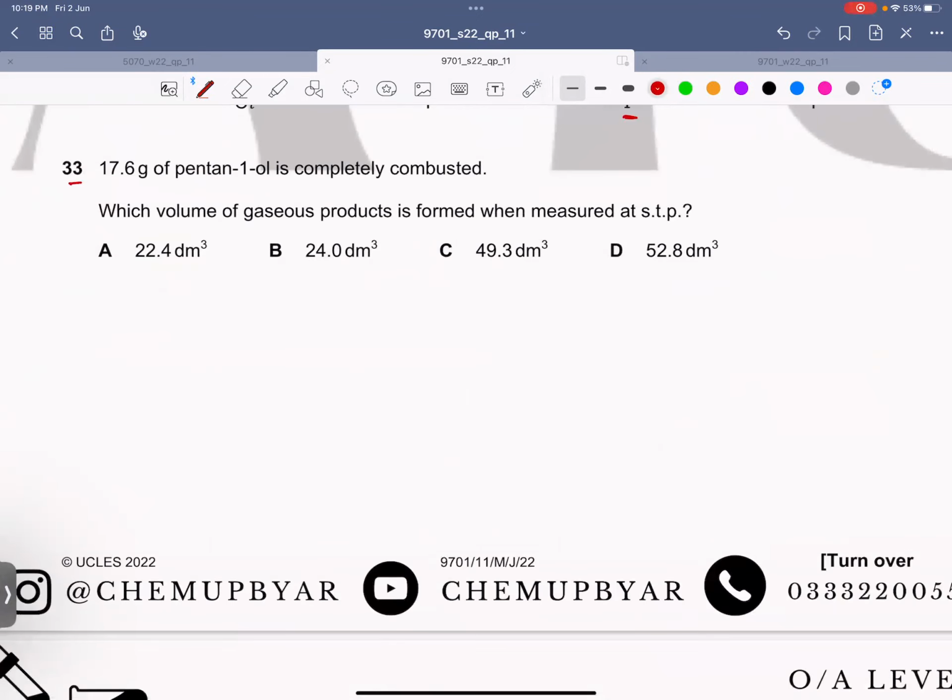Now, question number 33. 17.6 grams of pentan-1-ol is completely combusted. Which volume of gaseous product is formed when measured at STP? STP is standard temperature and pressure. Okay. So pentan-1-ol is an alcohol, right?